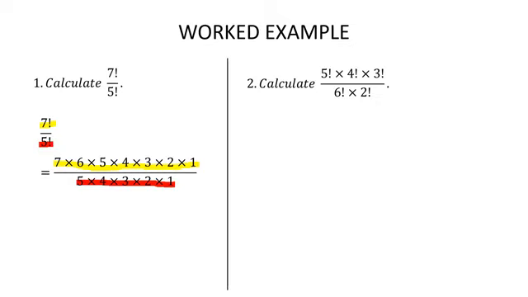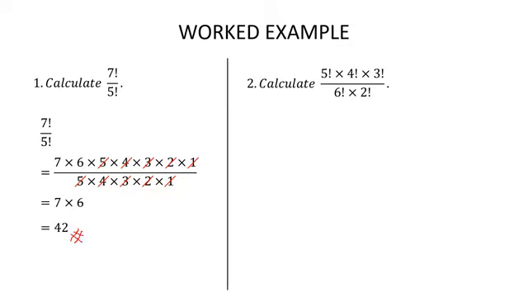So what to do next is we cancel the same numbers in the numerator and denominator: 5, 5, 4, 4, 3, 3, 2 above, 2 below, and 1 above, 1 below. So what is left is 7 times 6, which is 42. Simple, right? So the answer here is 42.